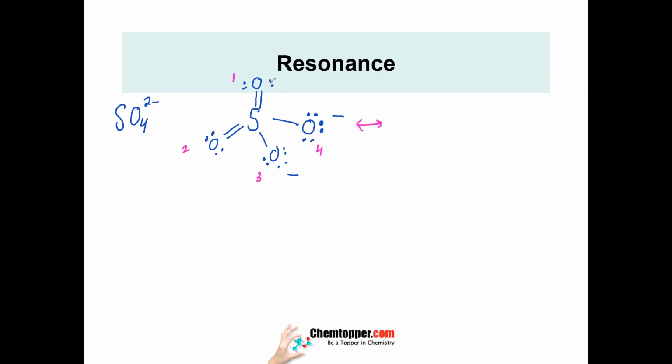Like in this, the double bond is between 1 and 2, right? I can have a double bond between 3 and 4, isn't it? I can draw double bond between these two rather than 1 and 2. I can draw double bond between 1 and 4, correct? I can draw double bond between 2 and 3. I can draw double bond between 2 and 4.